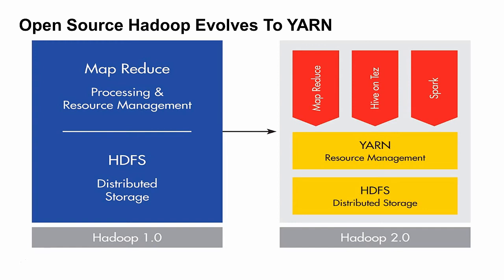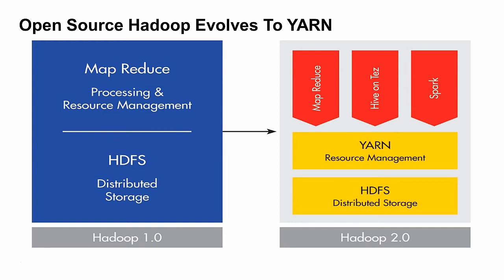Now, when Yarn came about, that allowed the open source community to write different apps, or different processing engines, if you will. MapReduce was the first one that separated the resource management and processing capabilities. Then came Hive on Tez, and then Spark and so forth.